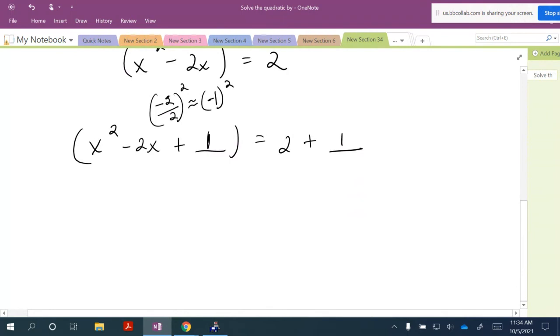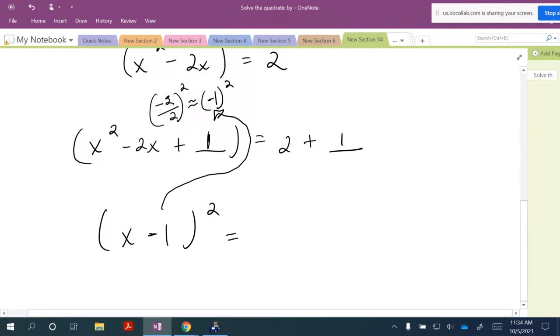So we can factor x squared minus 2x plus 1 down into, and here's where that magic number comes from. That magic number actually comes from half of the coefficient squared, which is negative 1.